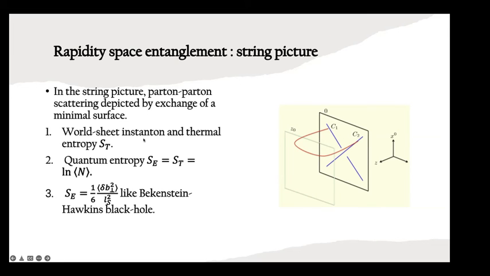And by solving this minimal surface, you find that there is a worldsheet instanton, which introduces a natural temperature. And therefore, there is a thermal entropy, which actually equals the same log of n, where n is the number of average dipoles. And furthermore, this entropy looks like a Bekenstein-Hawking black hole because it is proportional to the averaged transverse area of the string bits of the dipoles.